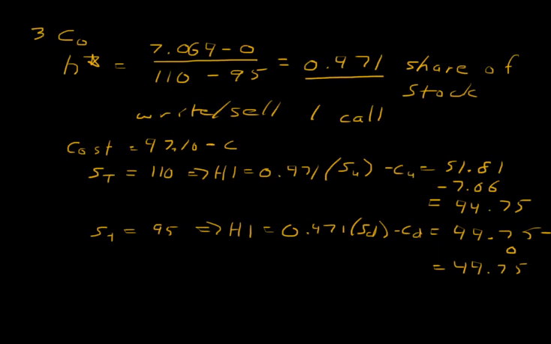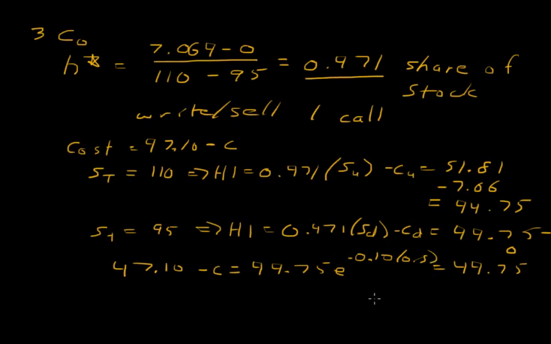So now, by replication again, we can just discount it back to solve for our call. So again, up here, since the cost of this position was 47.10 minus whatever the call is worth, it must equal simply the discount of this certain valuation. So 44.75, and then we'll just discount it back at our risk-free rate.